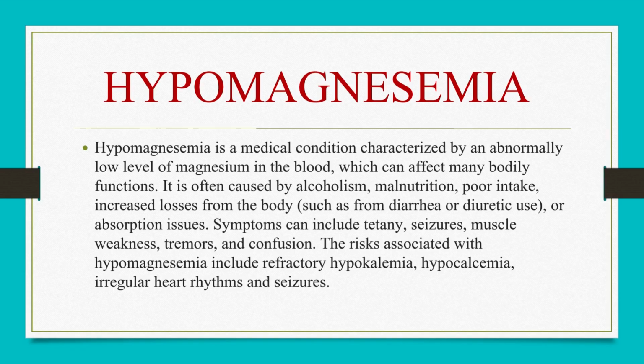Hypomagnesemia. Hypomagnesemia is a medical condition characterized by an abnormally low level of magnesium in the blood, which can affect many bodily functions. It is often caused by alcoholism, malnutrition, poor intake, increased losses from the body, such as from diarrhea or diuretic use, or absorption issues.